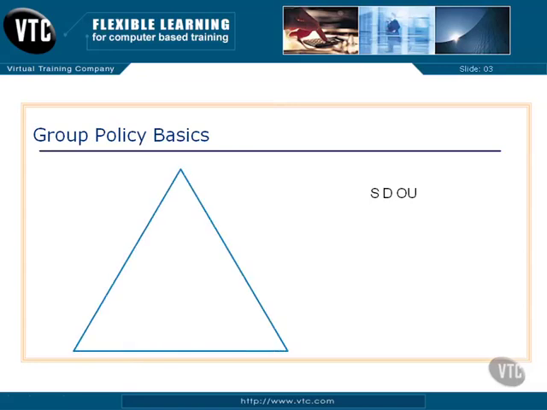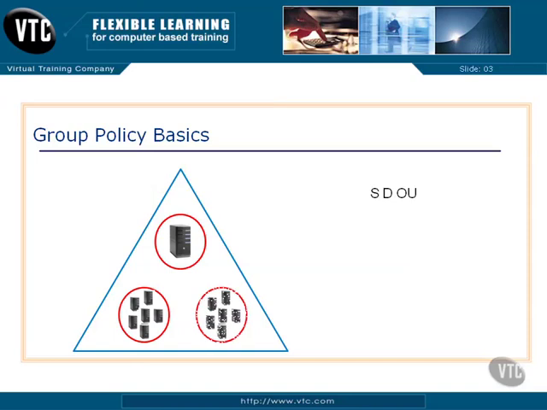Now let's say that we have an Active Directory domain, and we have an organizational unit with a domain controller in it, and then we have another organizational unit with maybe another domain controller and some file and print servers and whatever else we've got. And then we've got another organizational unit with another domain controller maybe and some users. And then two of the organizational units are in a site different from the rest of the domain.